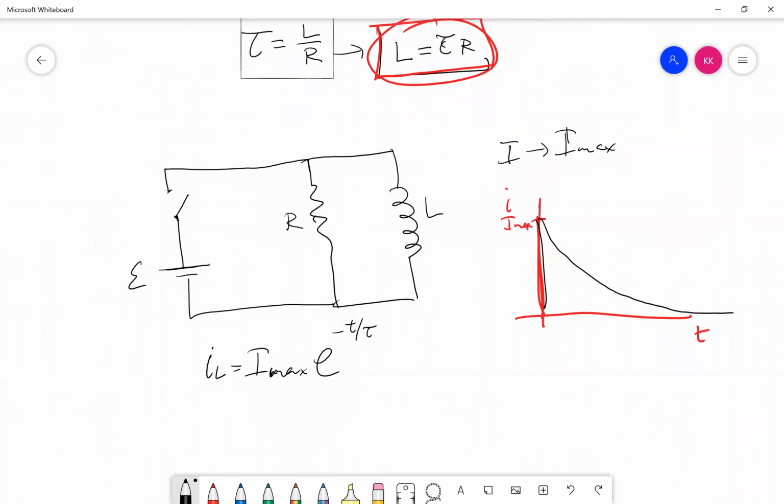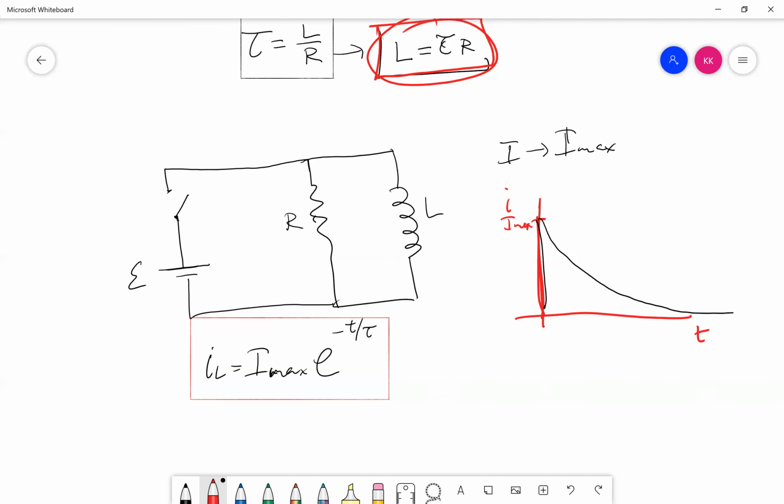That's the equation for the current decrease in the circuit, where the inductor slows down the instantaneous current decrease. So it still decreases to zero, but it takes a longer time.